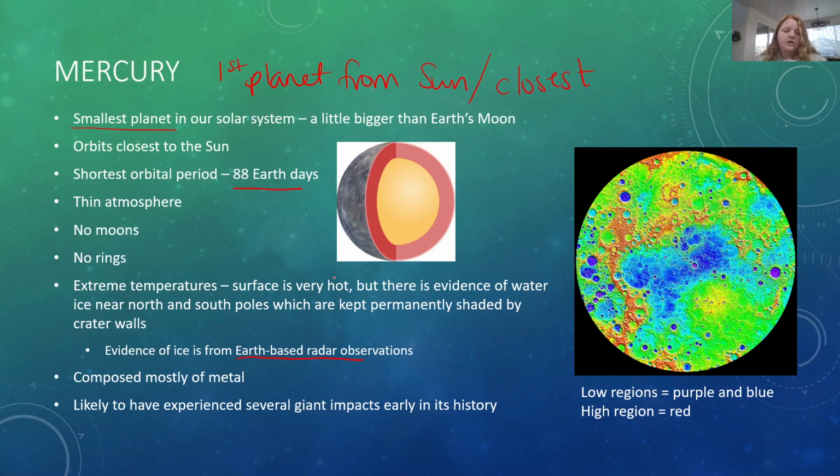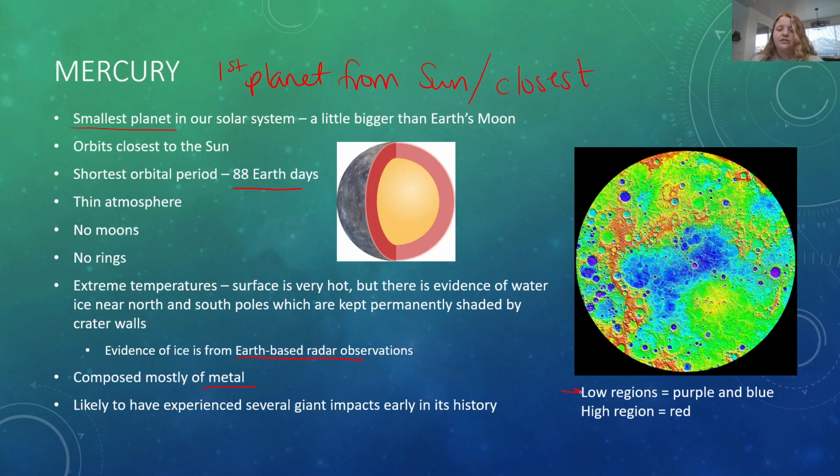Okay. The interior and the entire planet is mostly made of metal. And it's likely to have experienced many giant impacts early in its history. And we can see that by looking at a color image like this. So this is not a typical color image. This image is showing us the different elevations on the planet.